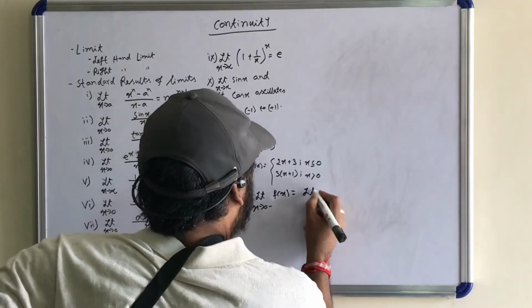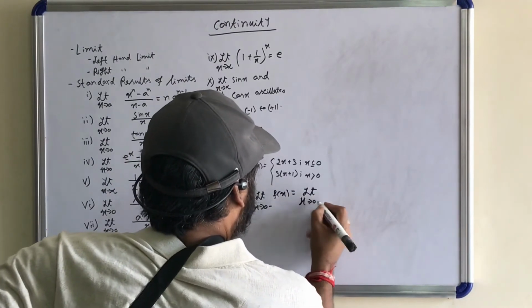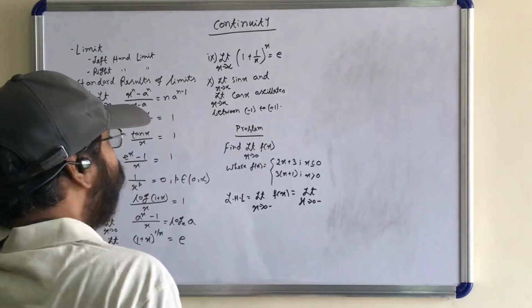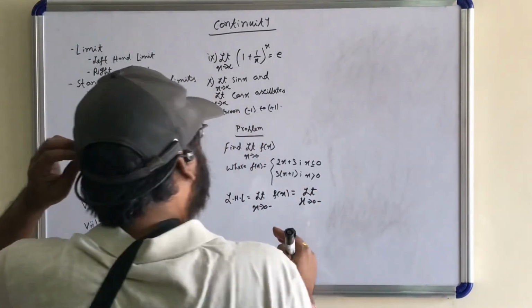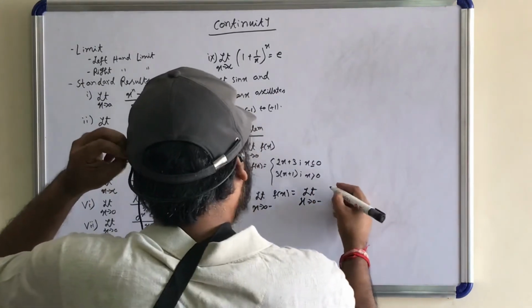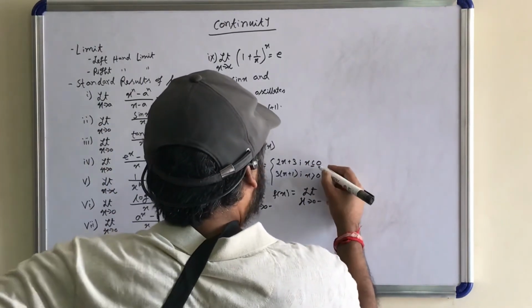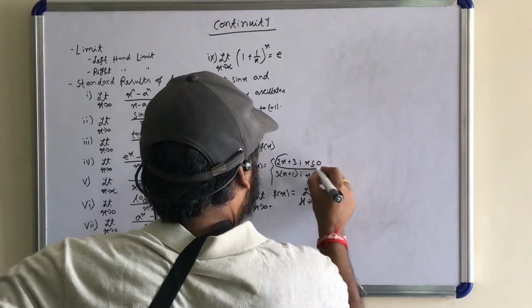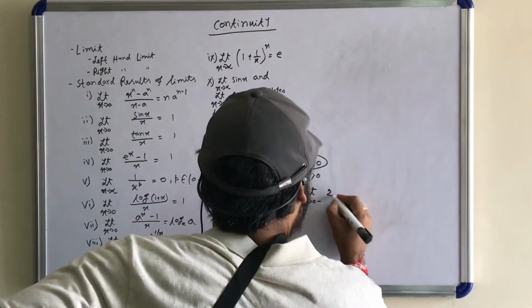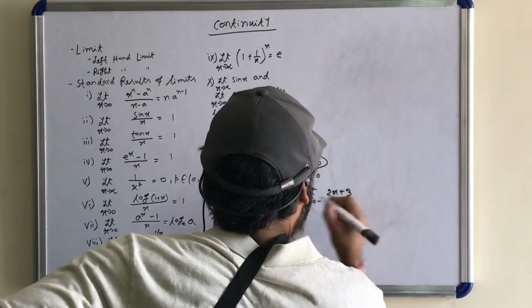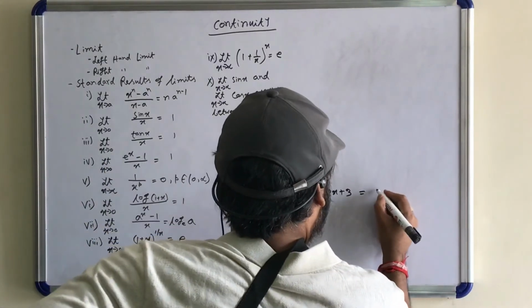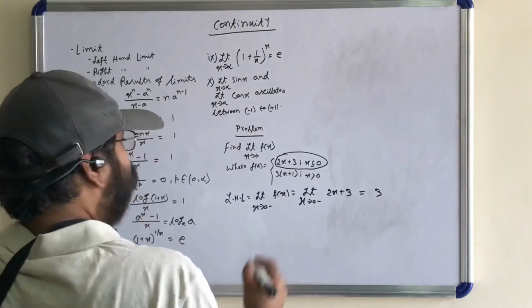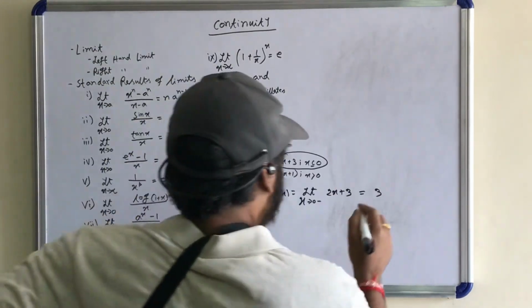Where the value of x is less than 0, it is this. It means limit of 2x plus 3 equals 3, since putting the value 0 in place of x, it will be 3.